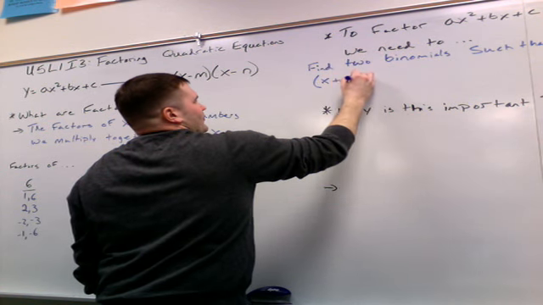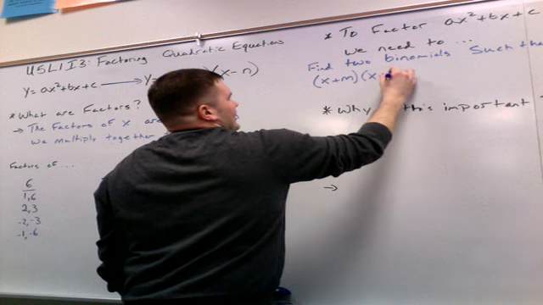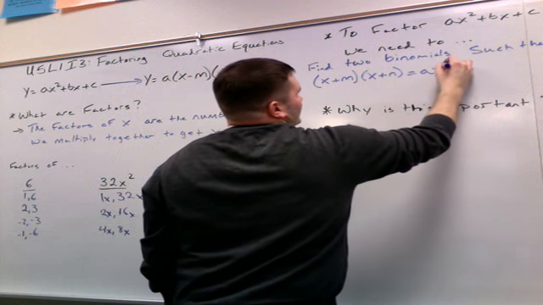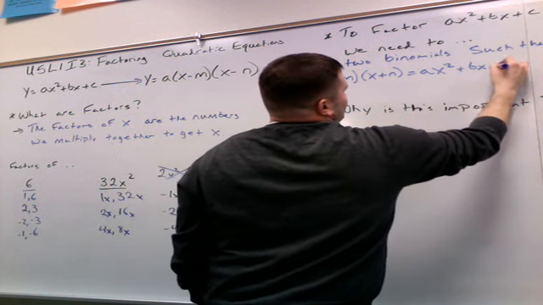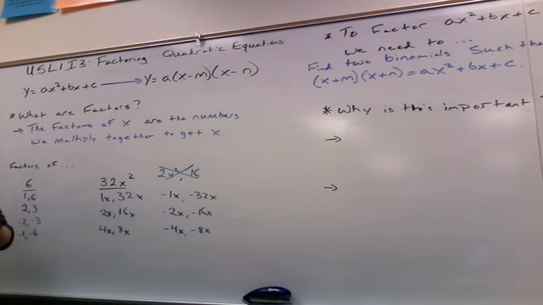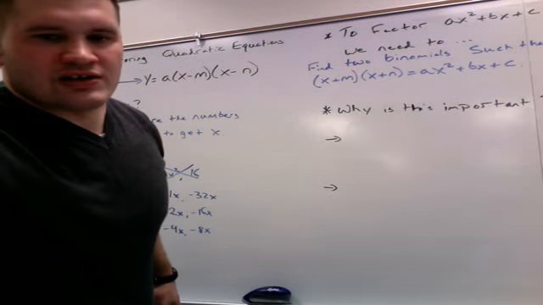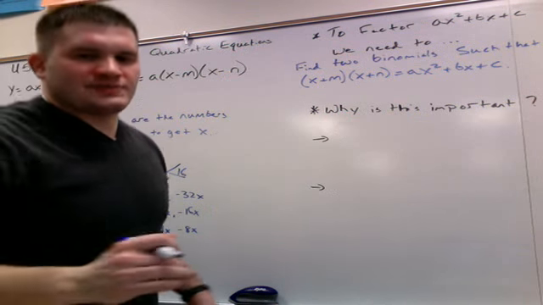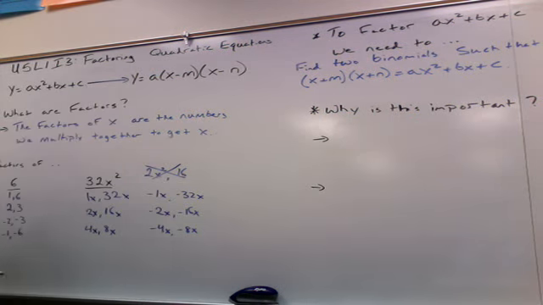We need to find two binomials such that (x plus m) times (x plus n) equals ax squared plus bx plus c. That's what we need to find. Yes, Jared?